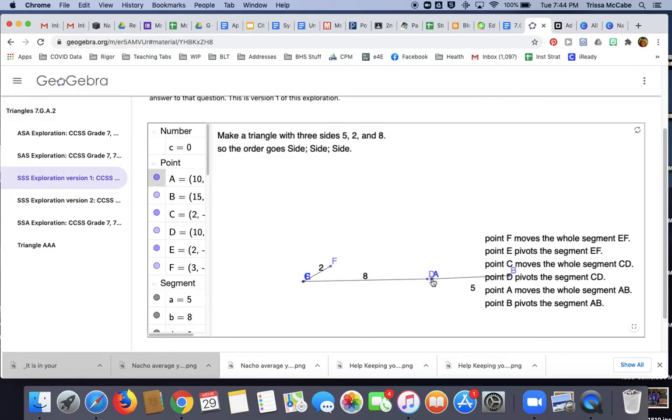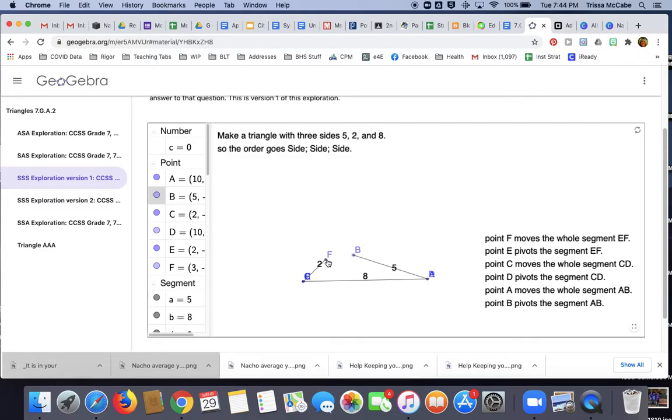And then I'm going to go ahead and put A over here on point D. And let's see. I seem to be getting farther apart.